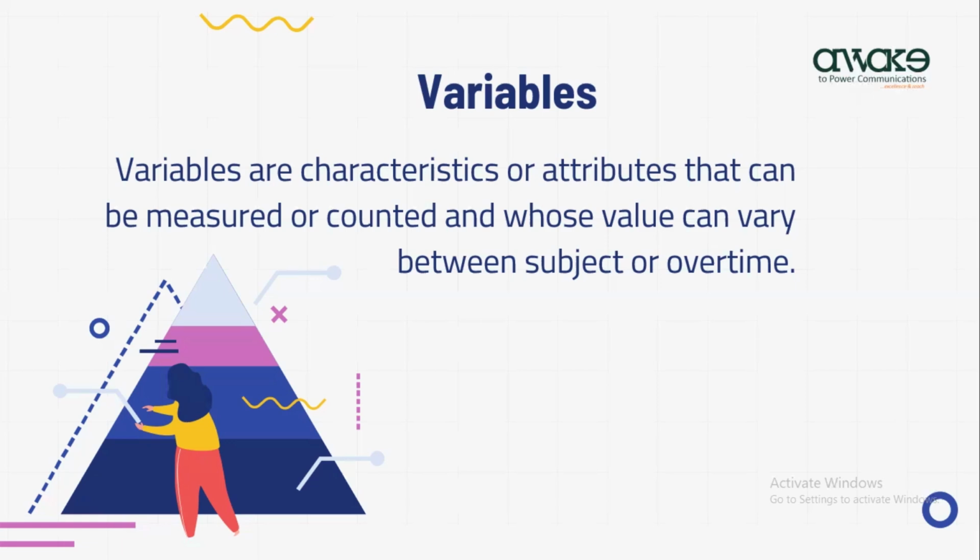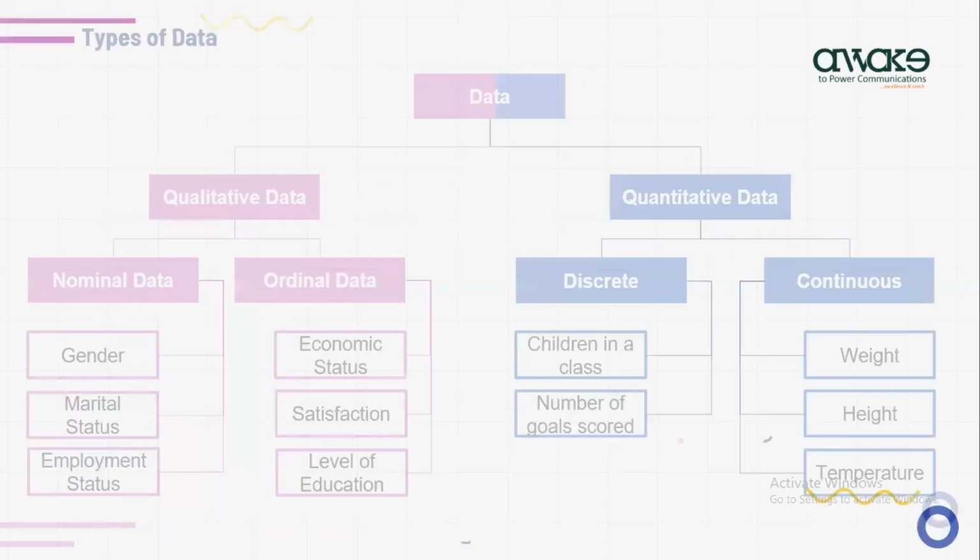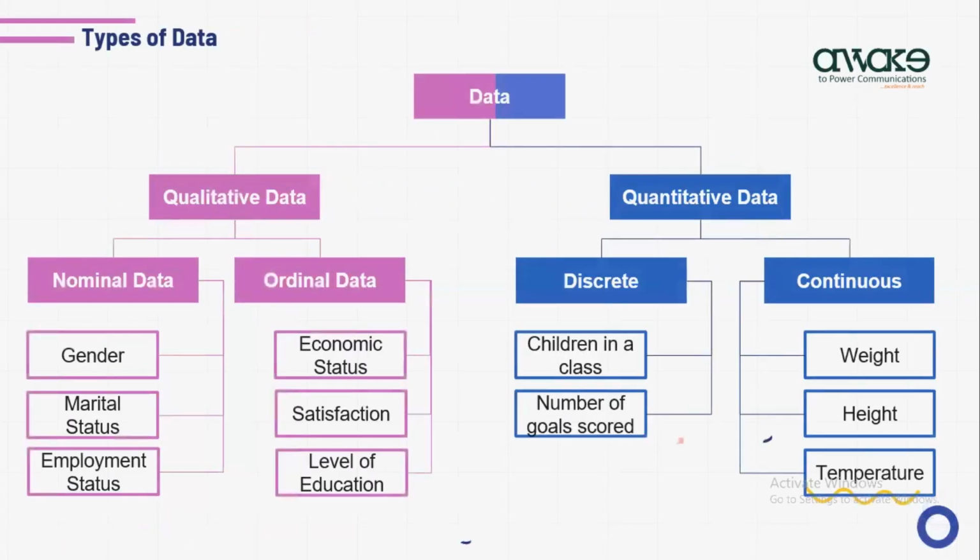So variables are characteristics, attributes that can be measured, that can be counted, and whose value can vary between subjects or over time. When you look at these variables, you begin to ask the question, what is the difference between a variable and data?